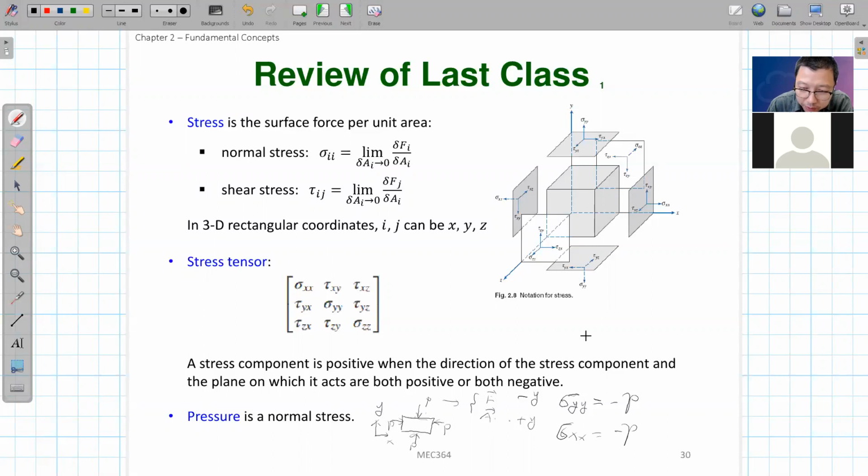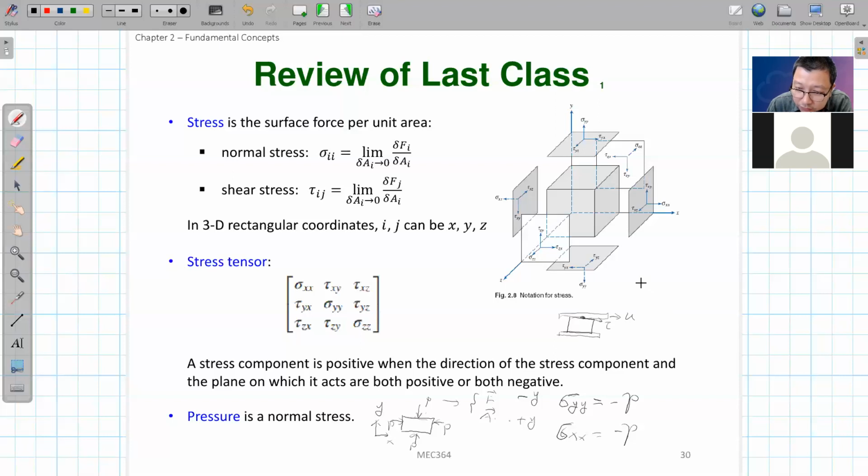But what about the shear force? One example we had before is a plate at the bottom that is stationary, and on the top there is a plate going at high velocity to the right. Due to the friction between the top plate and the fluid, we will have a force on the top trying to drag the fluid to the right.